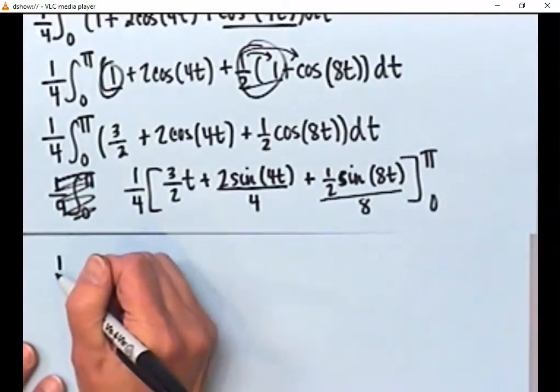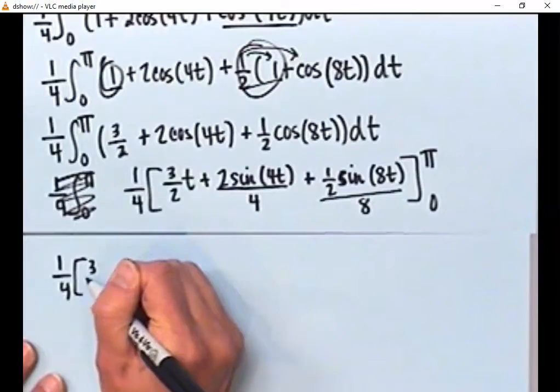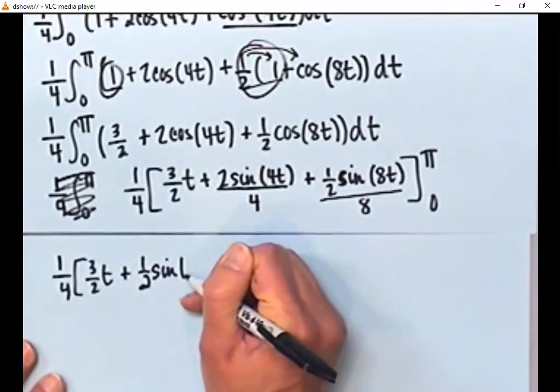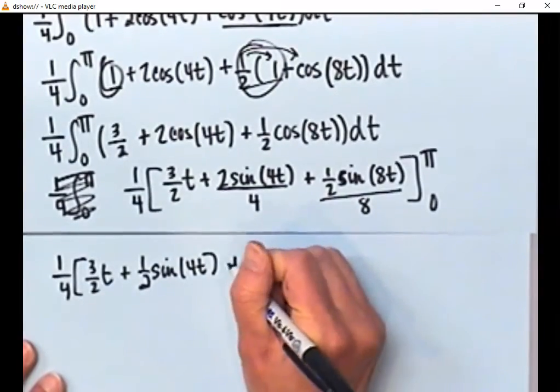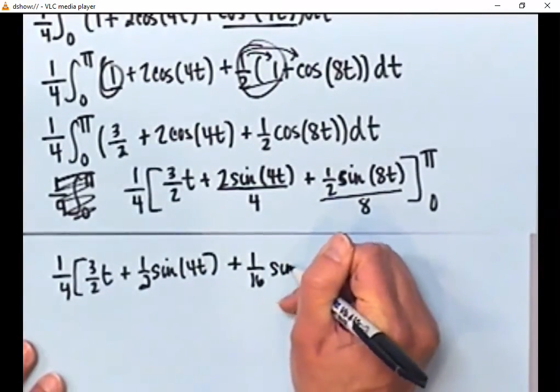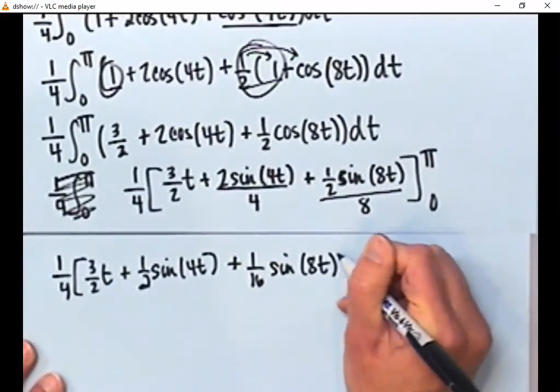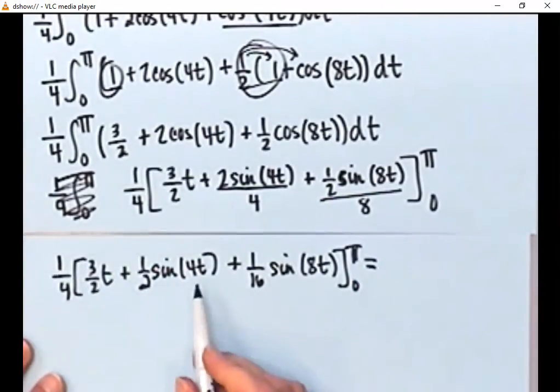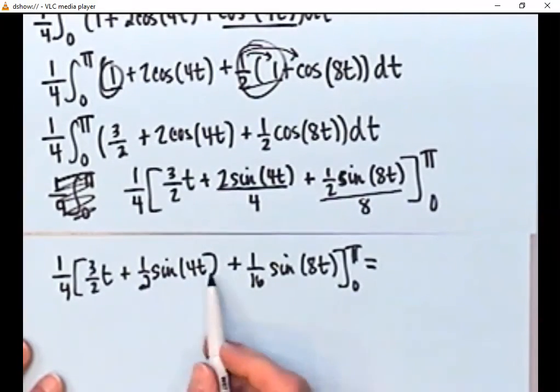So yeah, what do we got? So we've got 1/4, I'm just going to rewrite this a little bit. 3 halves t plus 1/2 sine of 4t plus 1/16 sine of 8t. So then plug all that in. The pi's are going to make all those 0, and the 0 as well, right?